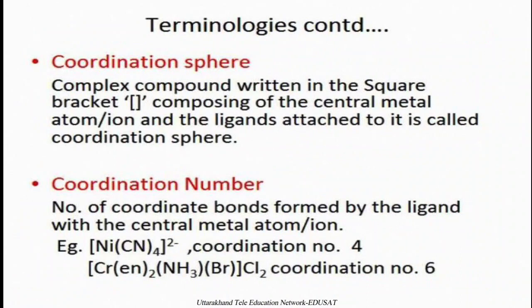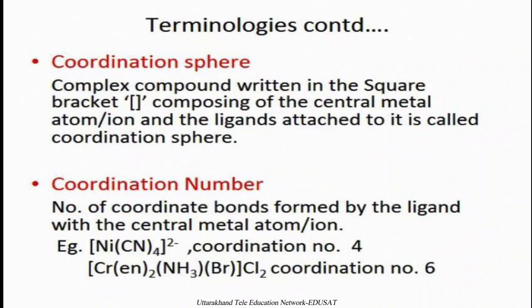What about the coordination sphere? We have a coordination sphere also in our coordination compounds. What is that? The complex compound written in the square bracket, composed of the central metal atom and the ligands attached to it, is called its coordination sphere. For example, in the previous slide we discussed some examples of coordination compounds.